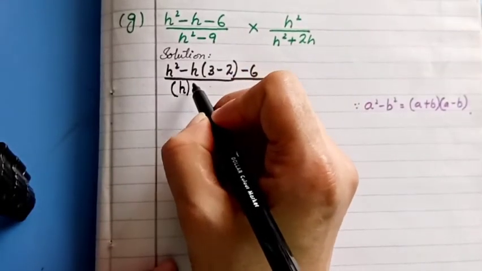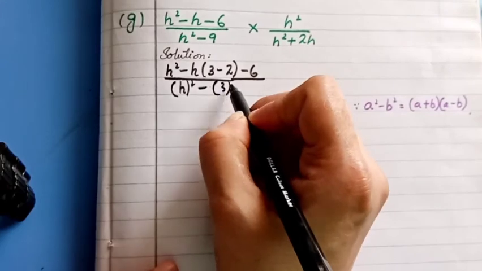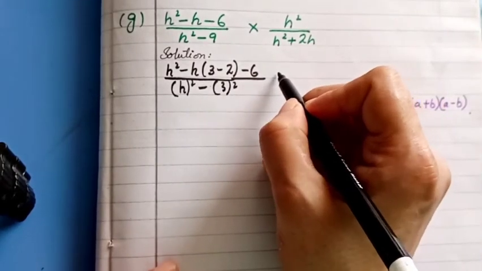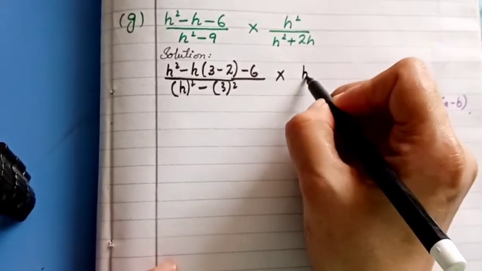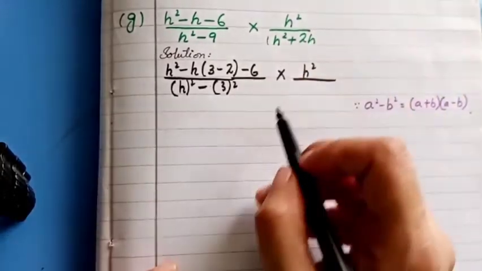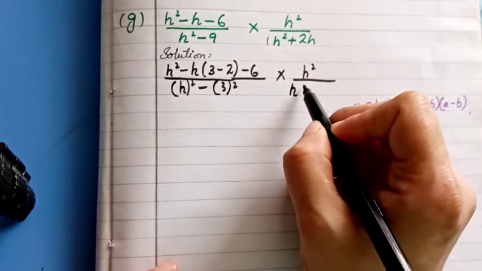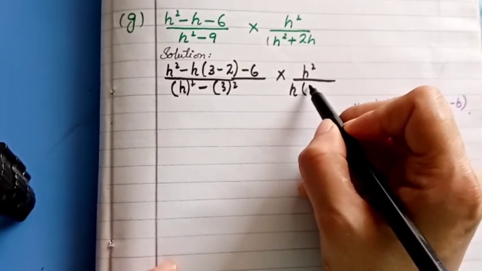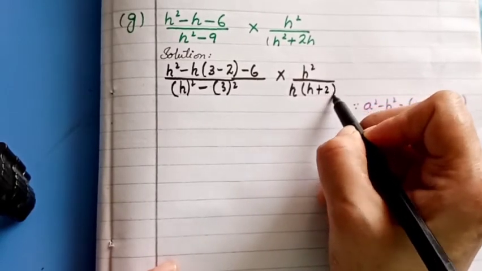Here we have h square minus 3 square multiply h square. From the denominator we can take h as common, so h as taken as common, we are left with h plus 2 here.